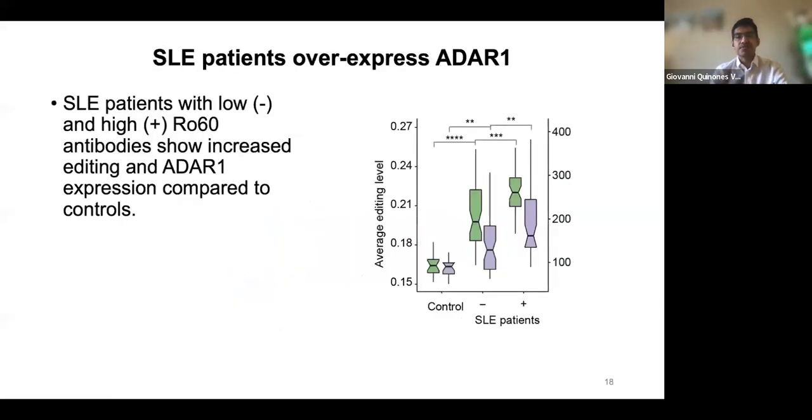However, these patients also have differential ADAR expression. So we have two factors pretty much explaining the difference in RNA editing. We have differential expression of Ro60, and we also have differential expression of the ADAR proteins.